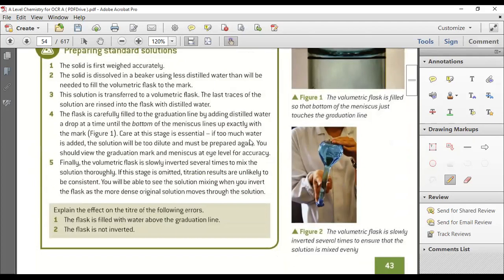Basically, the marking is something like this. It is flat at the bottom, and here you have a marking. It means up to this point it is 1 liter. A smaller one can be 500 ml or 200 ml, and it is given with a stopper. This is a volumetric flask.